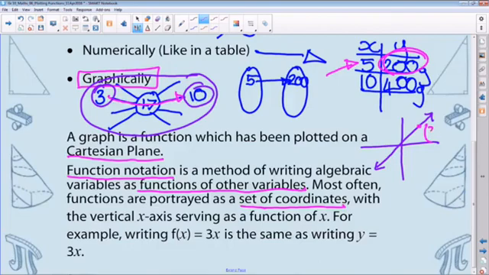This would be 3 and 10. With the vertical y-axis serving as function of x. For example, writing f of x is equal to 3x is the same as writing y is equal to 3x. And I'm just going to slip in that 3x over here so that it's on the same line.